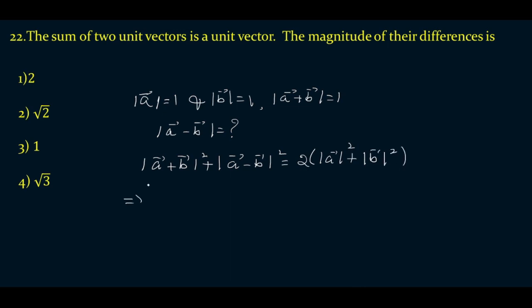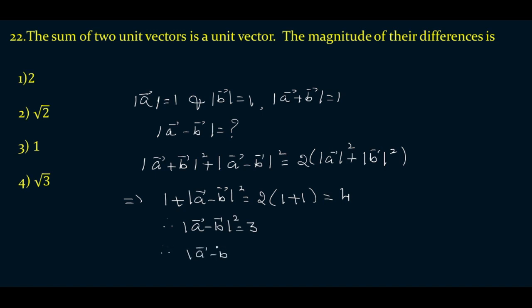A plus B is a unit vector, so its magnitude is 1, plus magnitude of A minus B whole square is equal to 2 into 1 square plus 1 square, which is 1 plus 1 is 2, and 2 into 2 gives 4. Therefore, magnitude of vector A minus vector B whole square is equal to 4 minus 1, that is 3. Therefore, magnitude of vector A minus B is equal to root 3. That lies in the fourth option. Therefore, the fourth option is the right option.